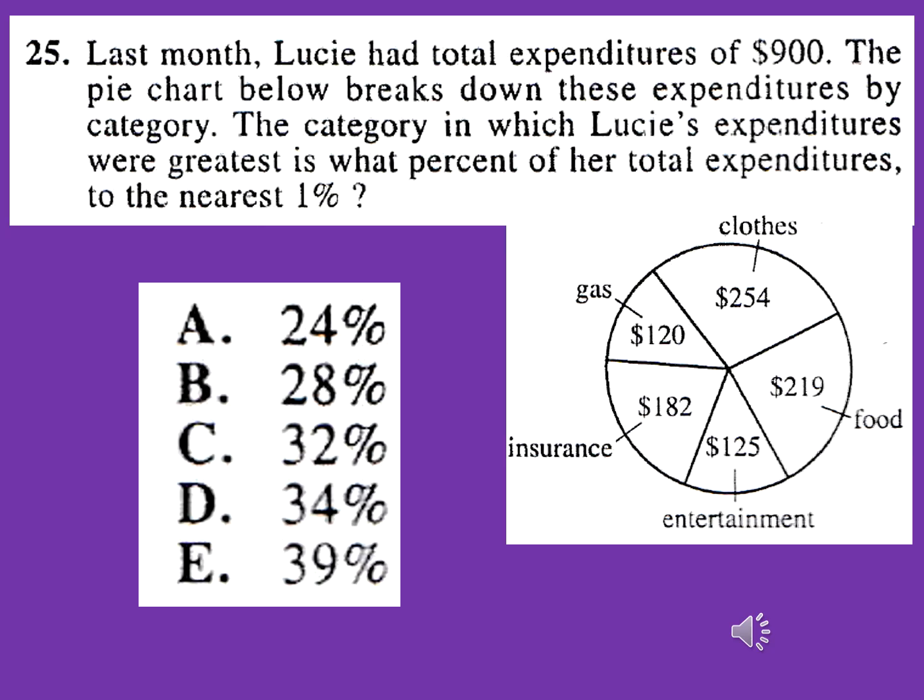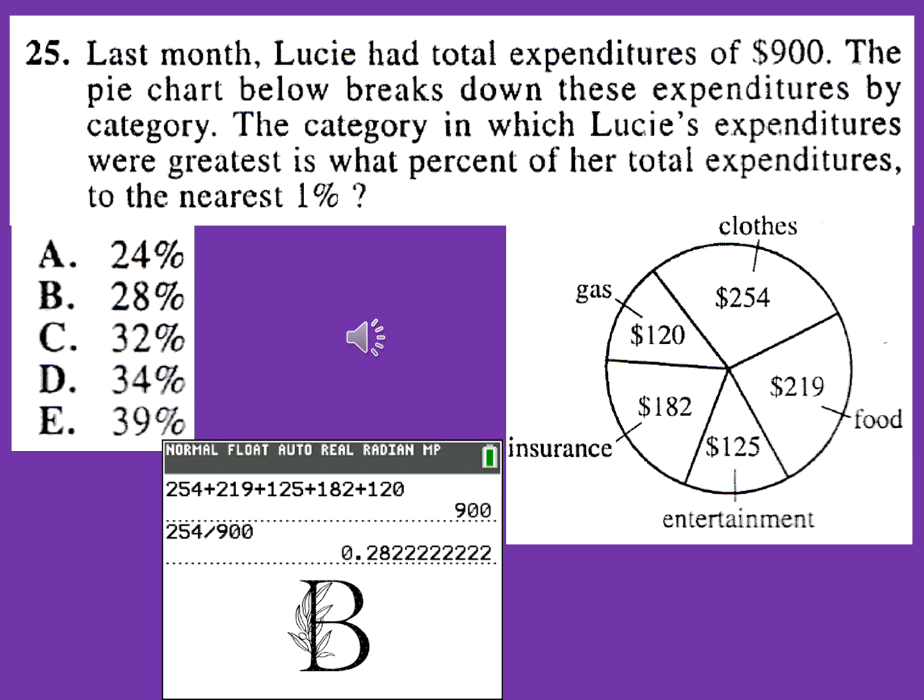Maybe a little bit more than a fourth, but I know it's not going to be like 39 or 34 or really even 32% because it's not a third, it's closer to a fourth. And so already I know it's got to either be A or B.